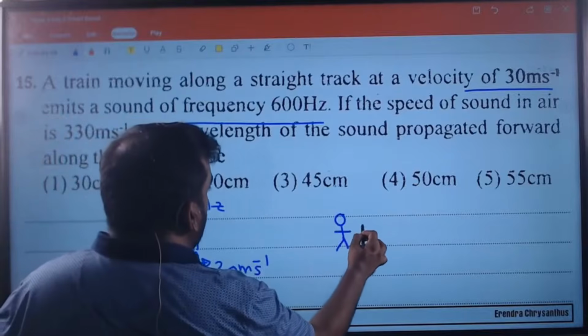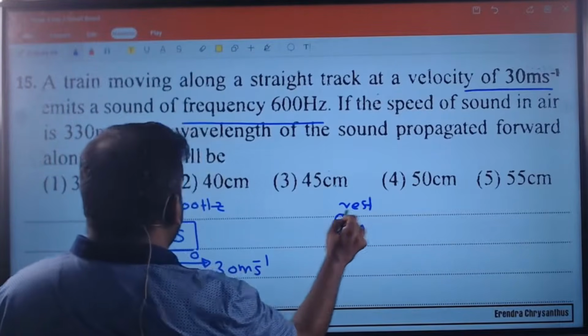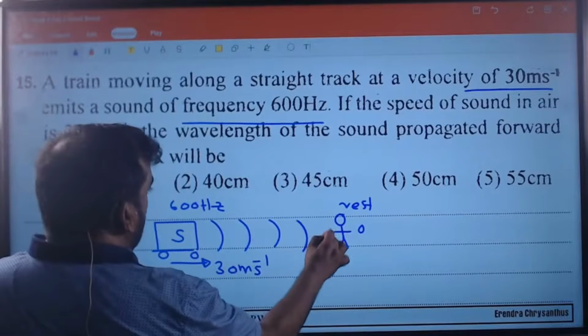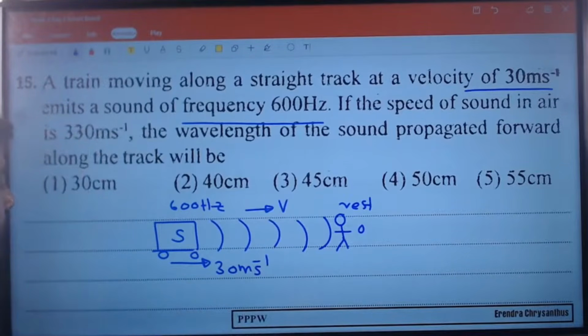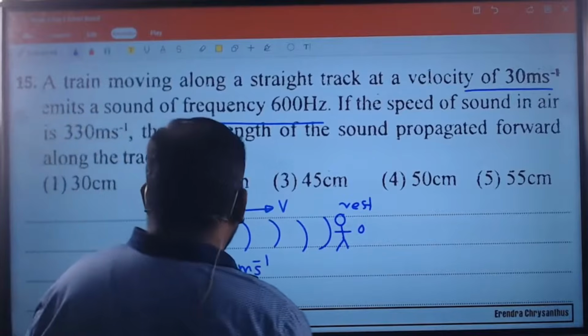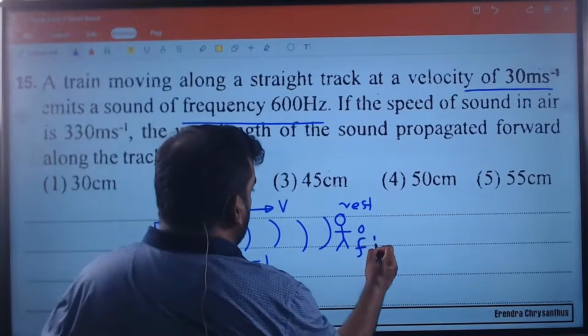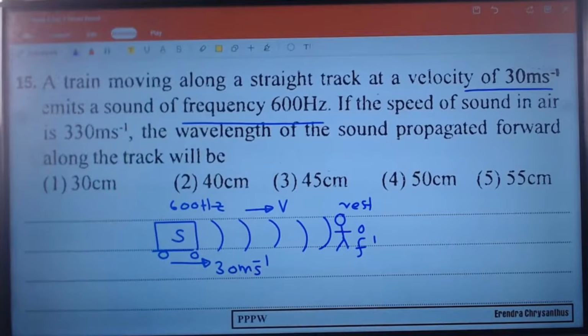Assume there is an observer here in front. So sound travels from the source to the observer with a velocity v, velocity of sound. Frequency heard there is f dash.